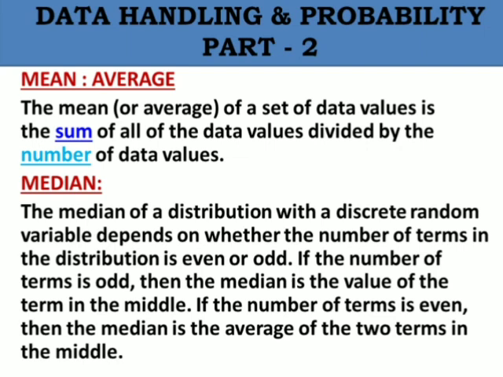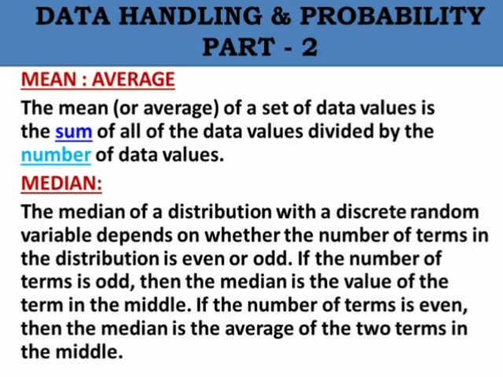Next one is the median. Median is nothing but the middle value in the set of data values. To find the middle of the data set, the data has to be arranged in ascending order first. Children, please remember this point and arrange the data set in ascending order first. We need to consider two cases.